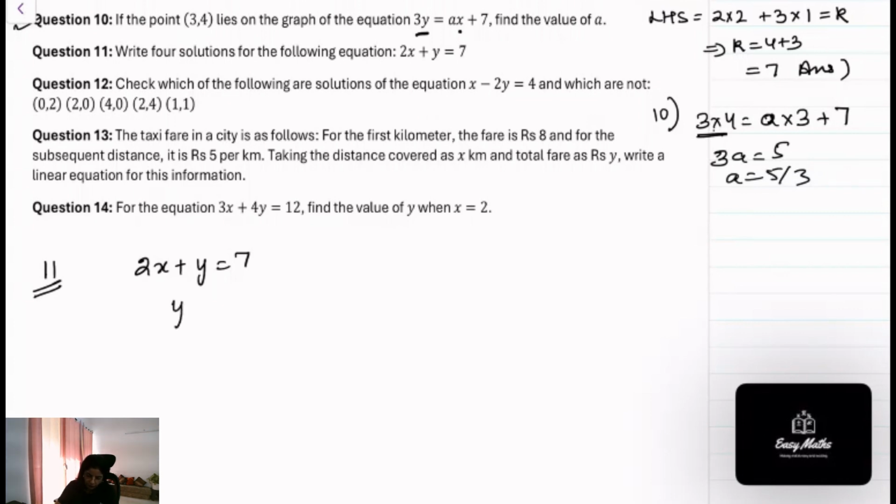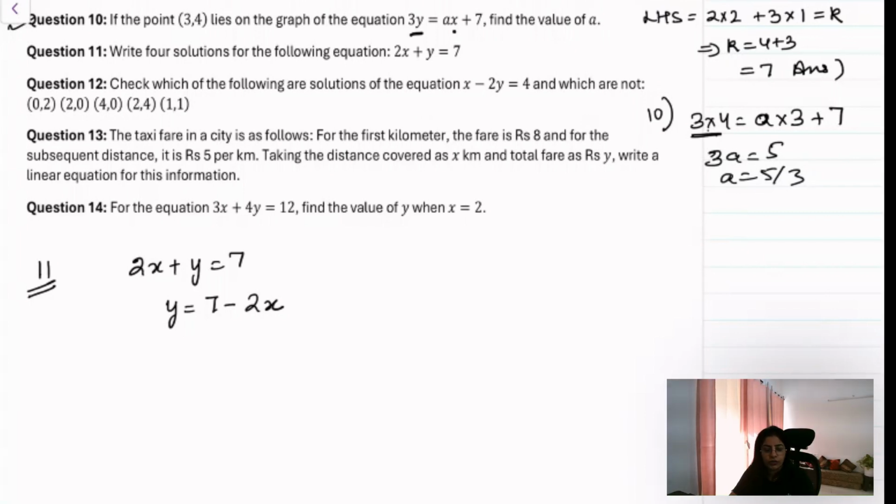Here, I would prefer to write y as 7 minus 2x. Now, I can choose any value of x and then calculate the corresponding value of y. Suppose I take x is equal to 1. So my y will be 7 minus 2 into 1, that is 5.